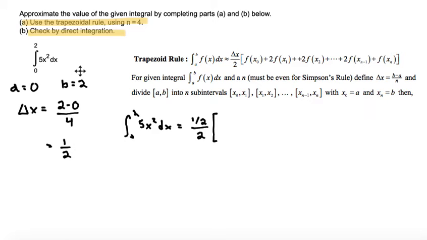So if we're going from 0 to 2 in 4 subintervals, we would need x0 to be 0, and then xn, which is x4, to be 2.